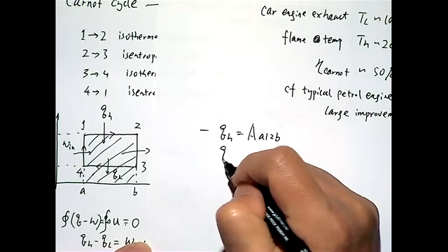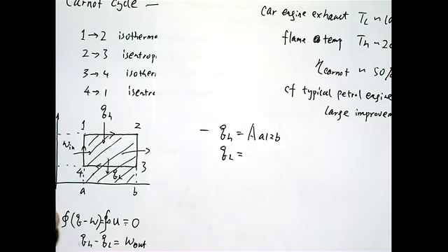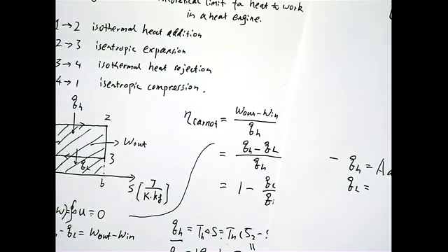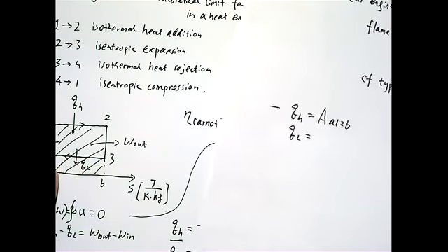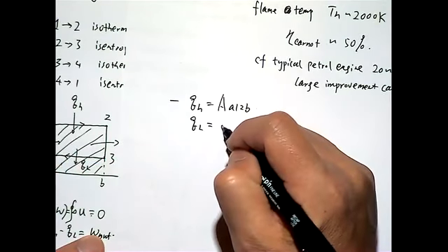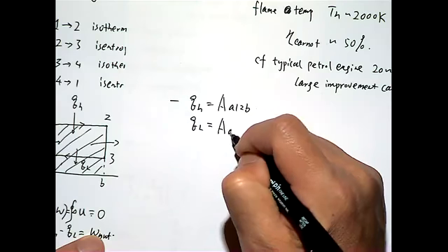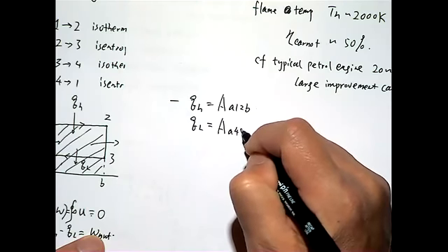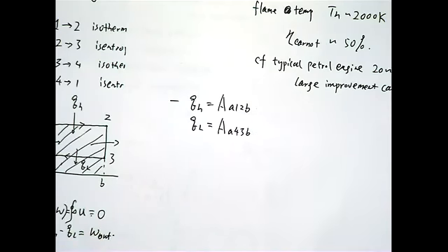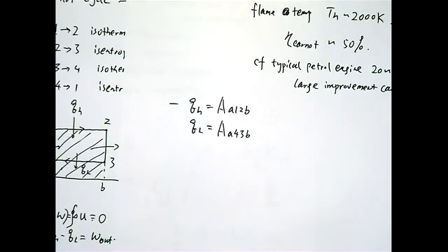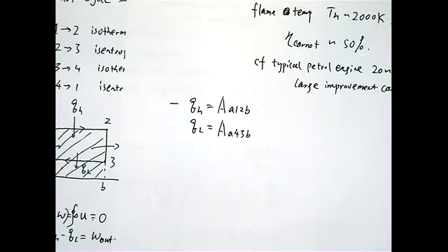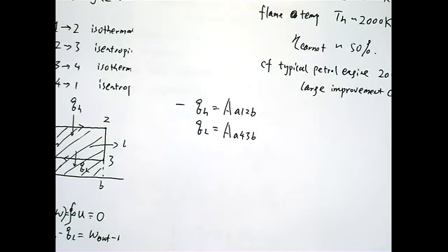And the QL, similarly, corresponds to TL times the entropy difference here. That can be written as the area of A, 4, 3, and B. And then what does the net work stand for on the TS diagram in terms of area?